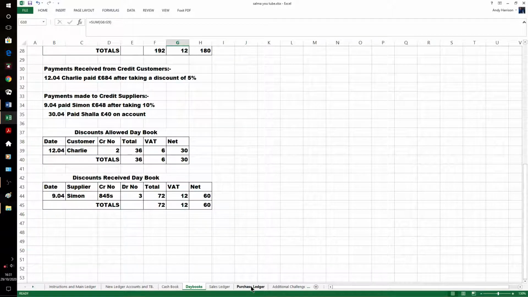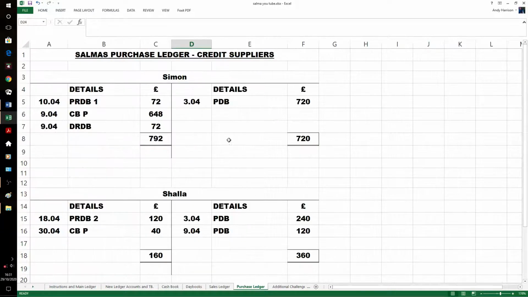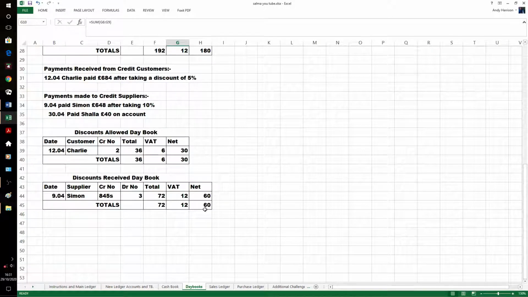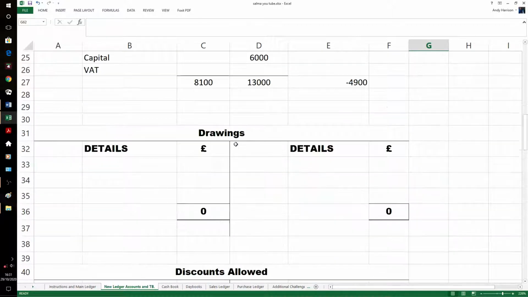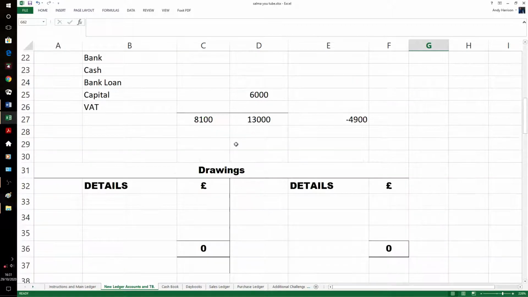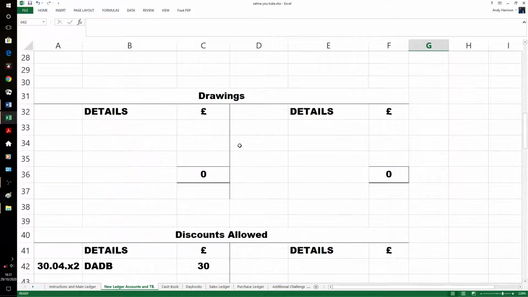We have, of course, already done these in our ledger account, so there's the discount received, the whole amount. Same side as the control account. So £60 plus VAT on discount received. Discounts received.